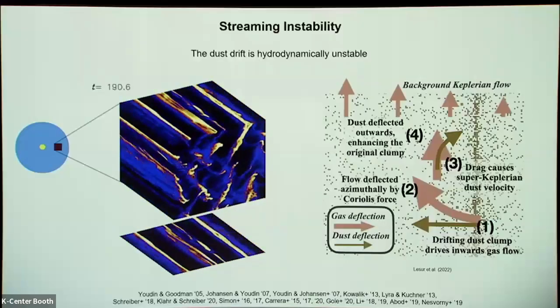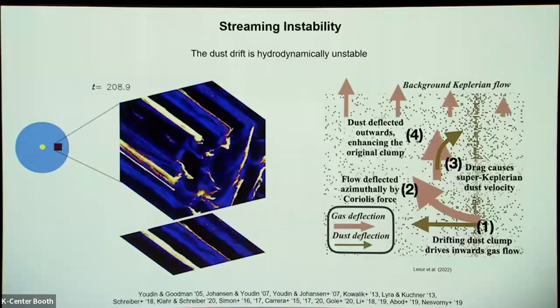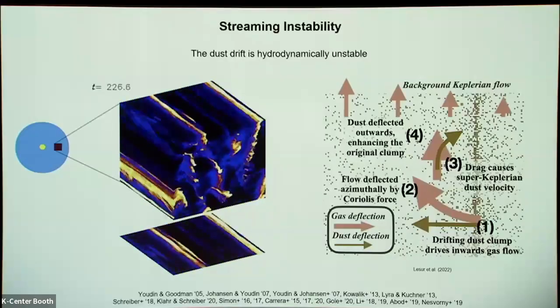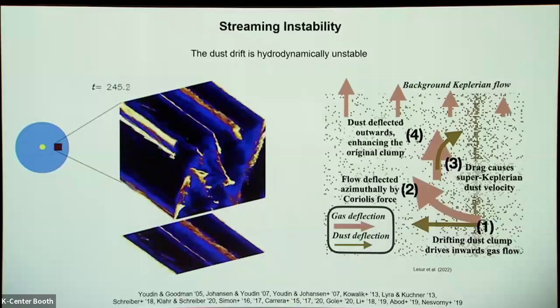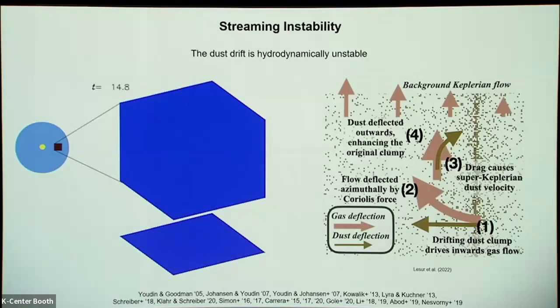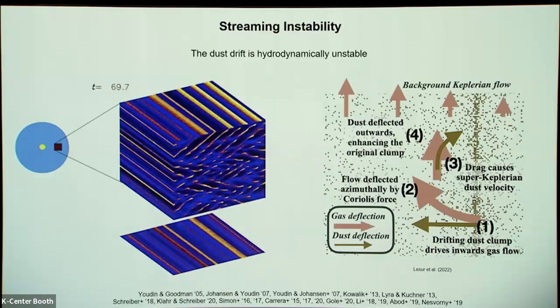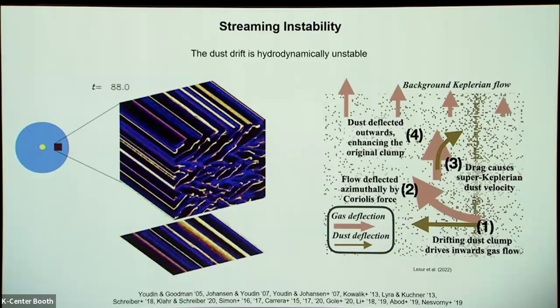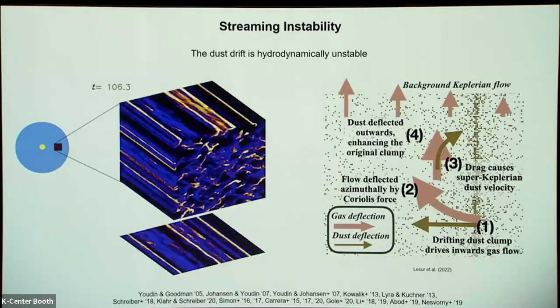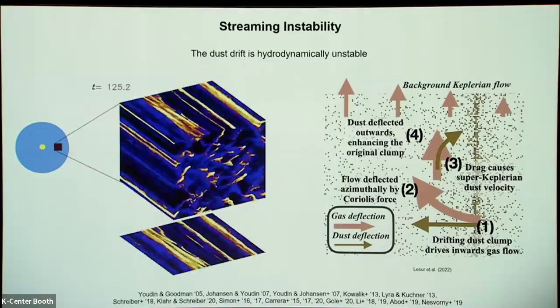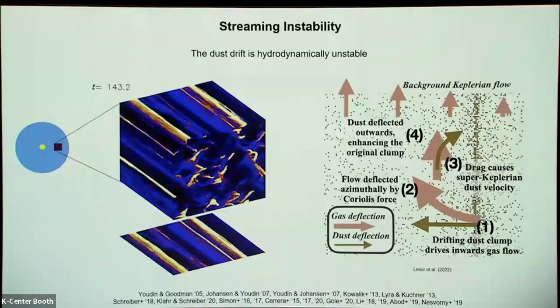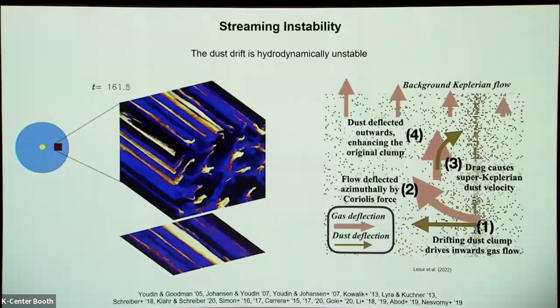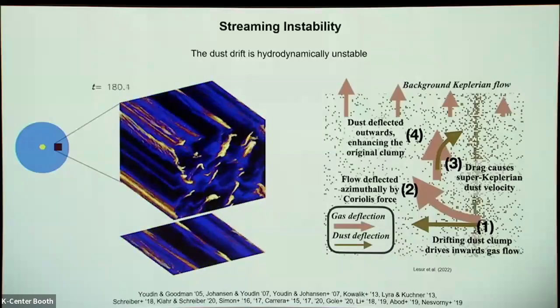So what is happening here is that you have dust, the pebbles in the disk. They drift inwards, and this drift itself is unstable. That means that it's not a constant density drift. It is a mechanism that builds these voids and these overdensities, and then the overdense regions get dense enough to reach critical density for gravitational collapse.